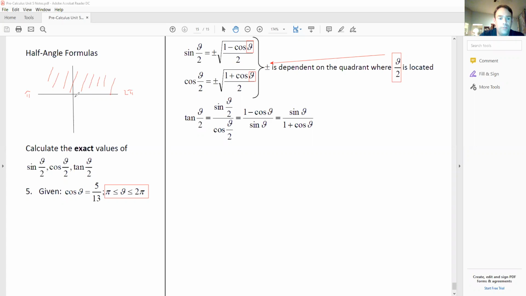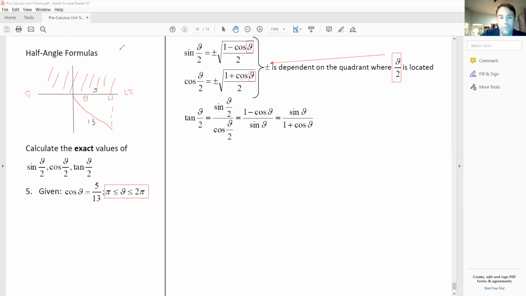Cosine is a positive value, so that means it has to be over here in quadrant 4. So there's my angle, and I'm going to have 5 over 13. So that's my cosine.